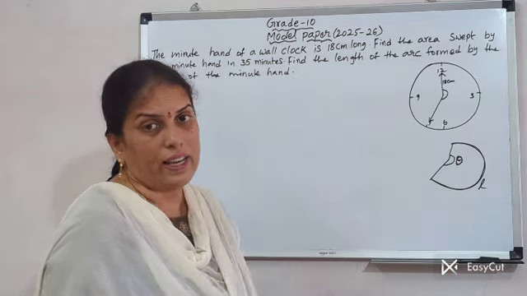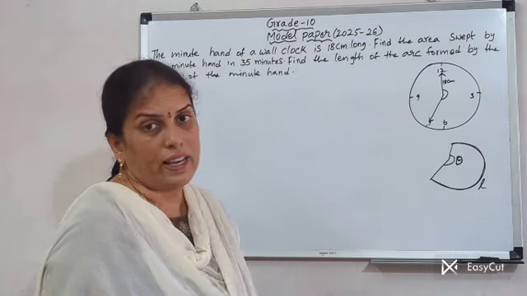We must find out. See here, for complete one rotation from 12, for 1 hour, how many degrees does it move? The long hand moves 360 degrees in 1 hour. 1 hour, 360 degrees it moves. Okay? For 1 minute, how many degrees? 1 hour is nothing but 60 minutes.